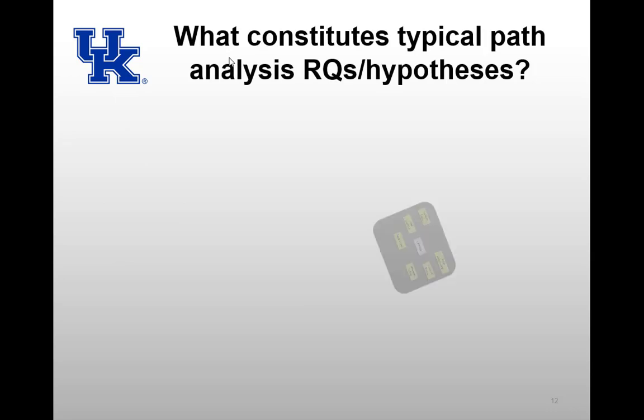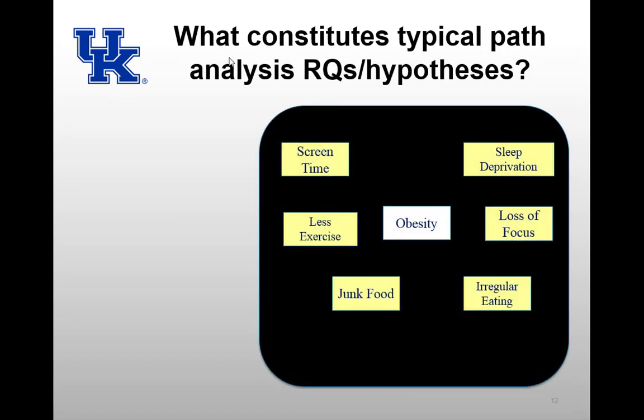Now I'll give you a hypothetical research scenario. Let's say I am interested in obesity. That's my DV, okay? And the obesity is quantified in our case using BMI, okay? So that's obesity. And then I have observed that many other factors probably contribute to a person's situation involving obesity.